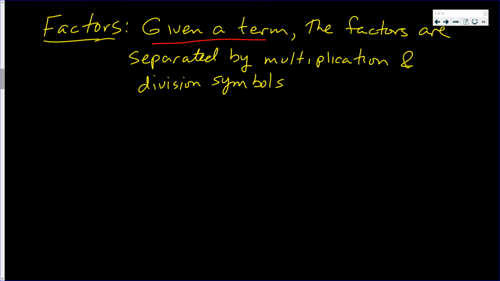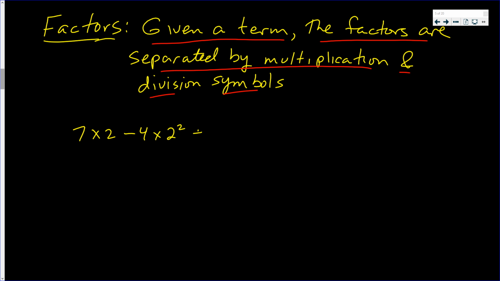Given a single term, one term, the factors are separated by multiplication and division symbols. We kind of did problems already that involve factors, but I kept that secret from you.